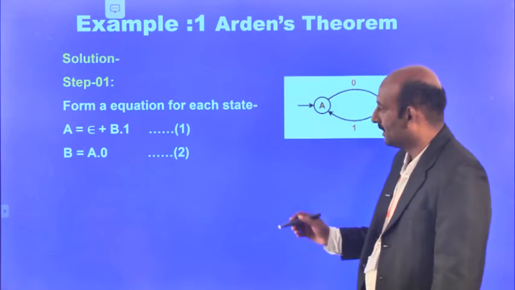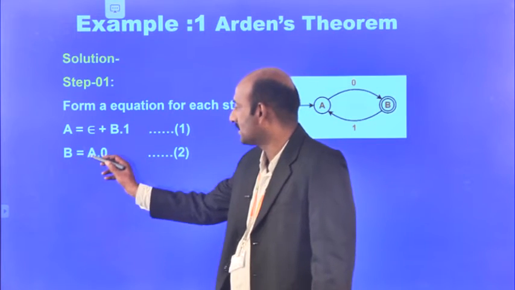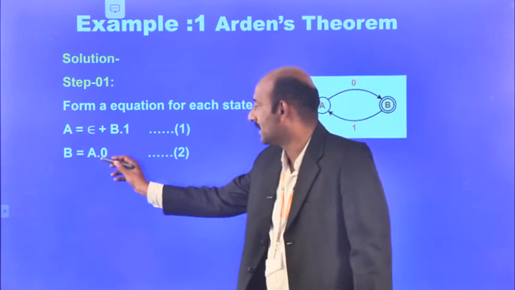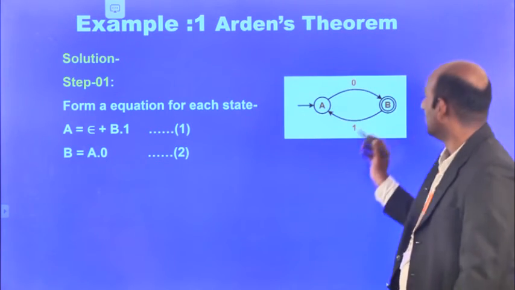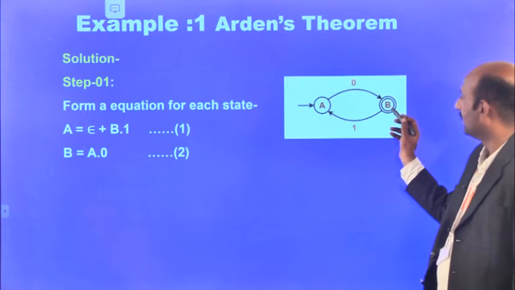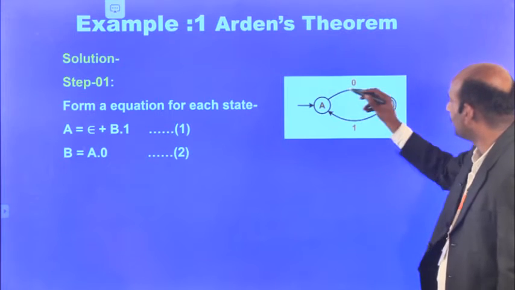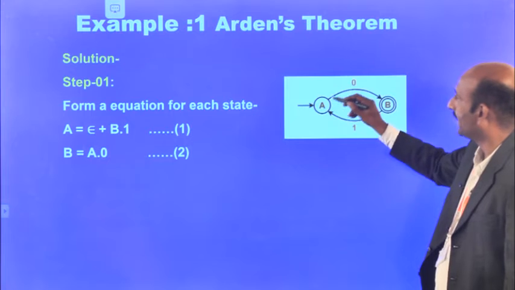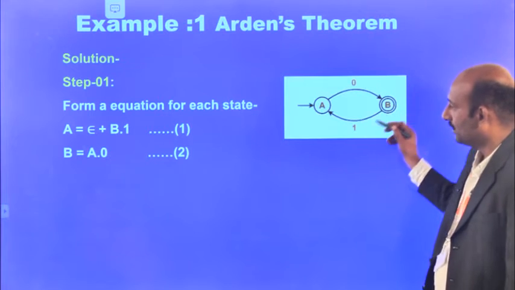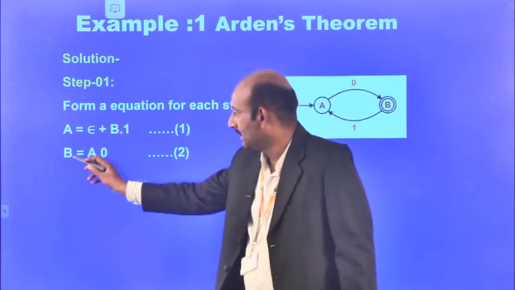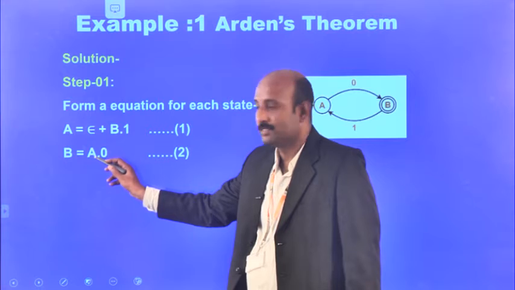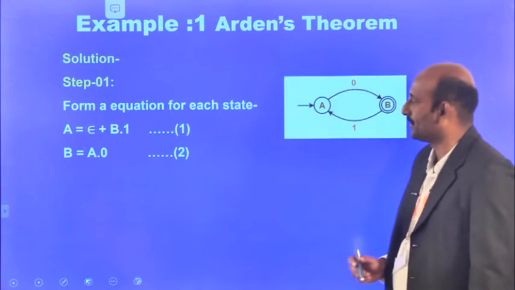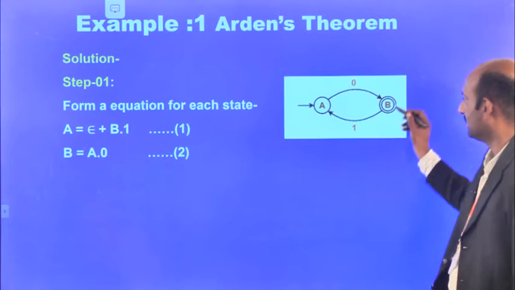Only for the initial state do we add epsilon. So B equals A dot 0, because the input to state B comes from state A with input 0.